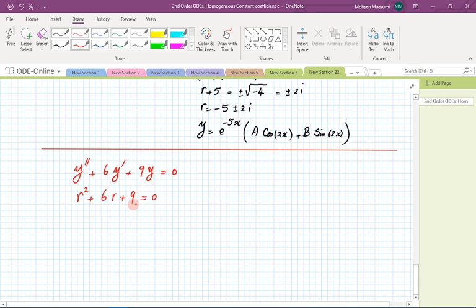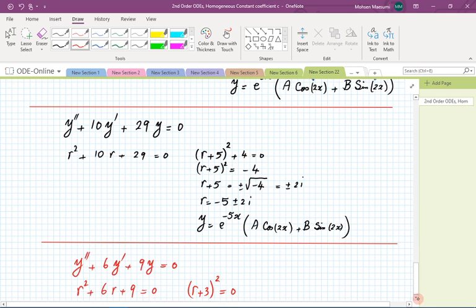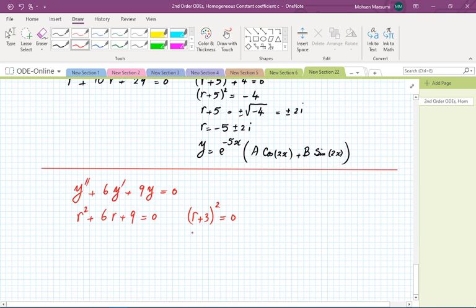You notice that if you want to do this by completion of square, it becomes r plus 3 squared. There is no number left over. There is no additional number. That's why when you write this as an ordinary factorization, you have two identical factors. So the root of this factor is minus 3 and the root of this one is also minus 3.